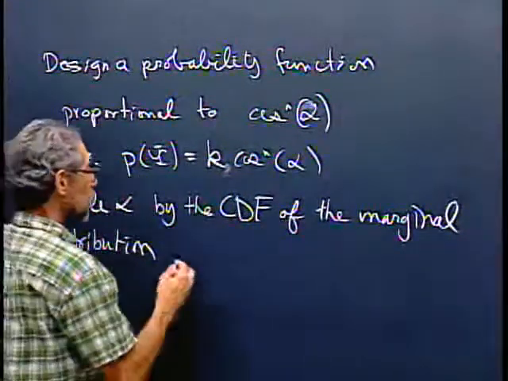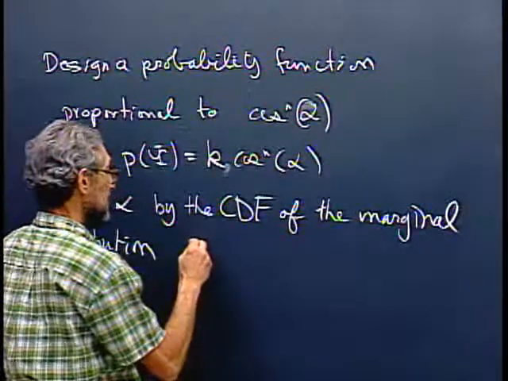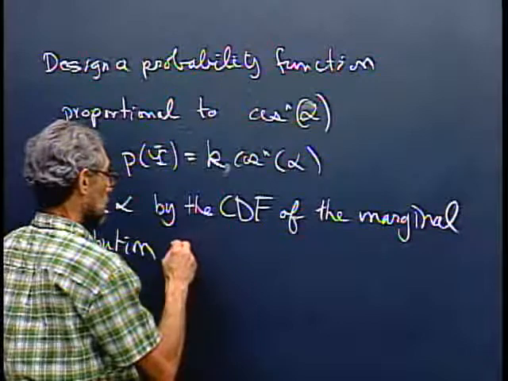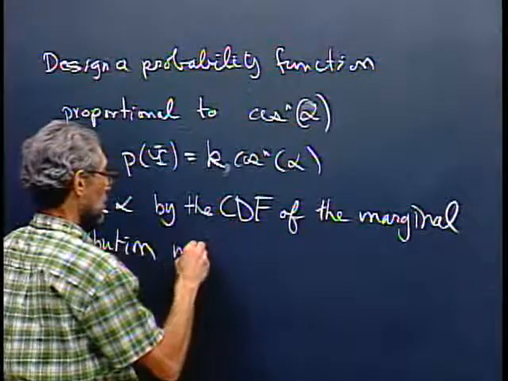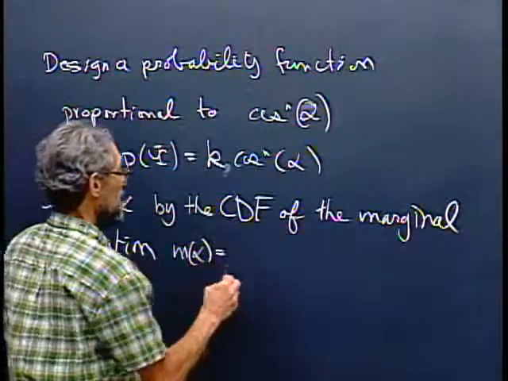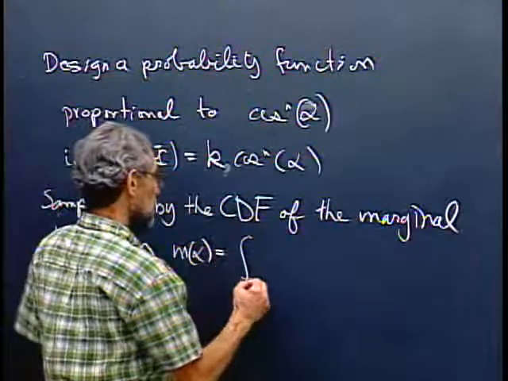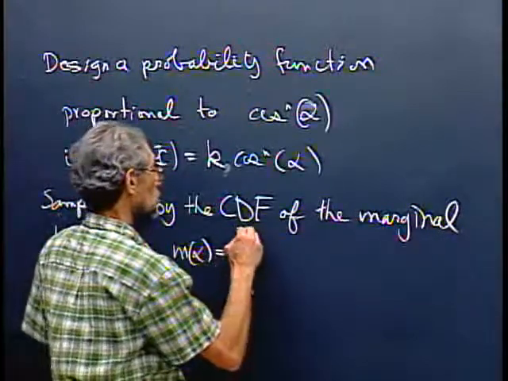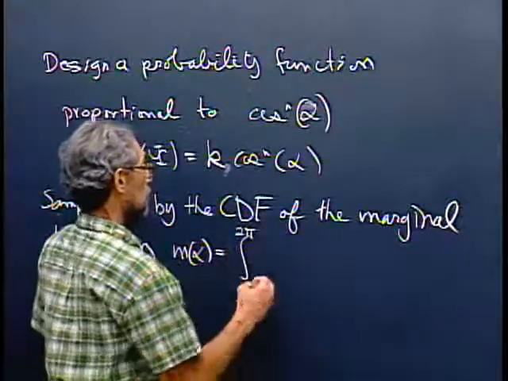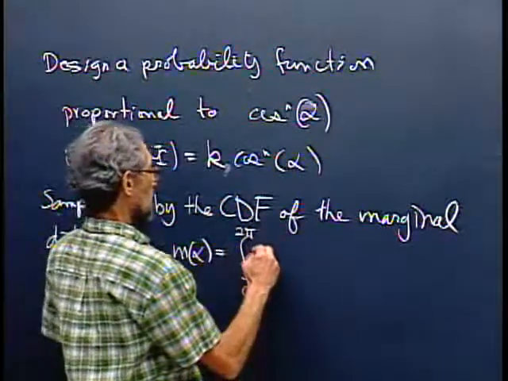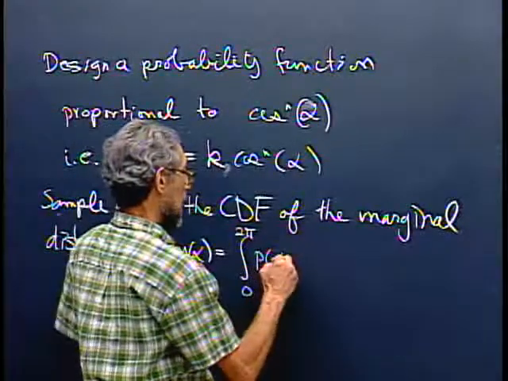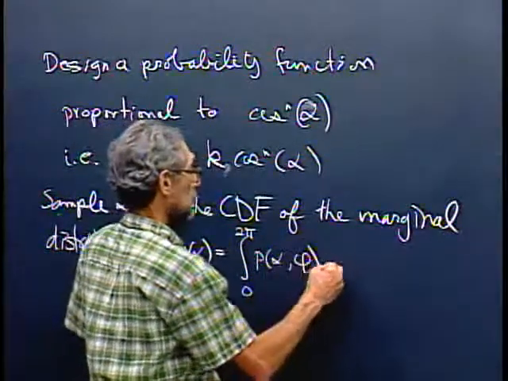And what that marginal distribution means is that for a given alpha, say marginal of alpha is the integral, in our case going from 0 to 2 pi, of the probability of alpha and phi d phi.